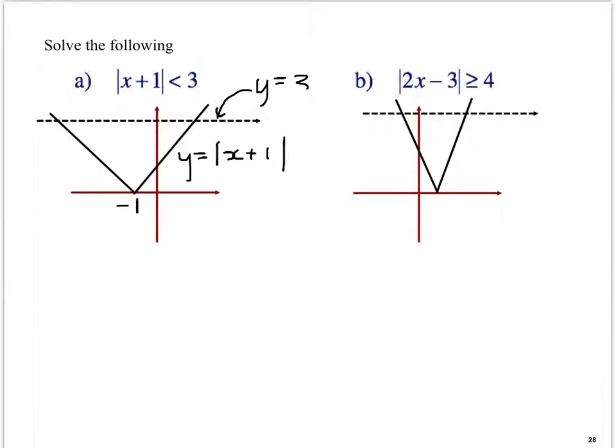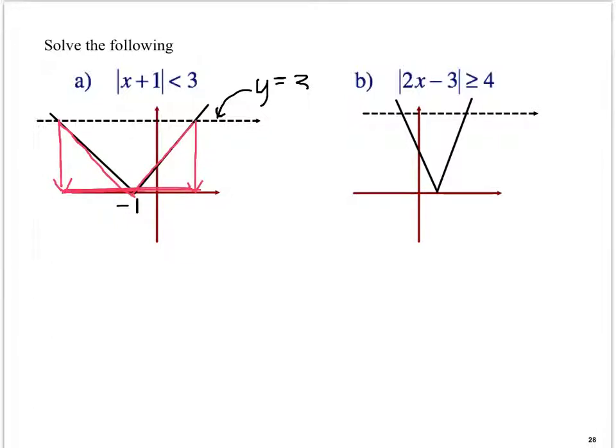First I want to know when they're equal to each other, and then I can find where the modulus graph is less than 3. I can see straight away that the modulus graph is less than 3 for all of the x values between here and here. So that whole interval there.